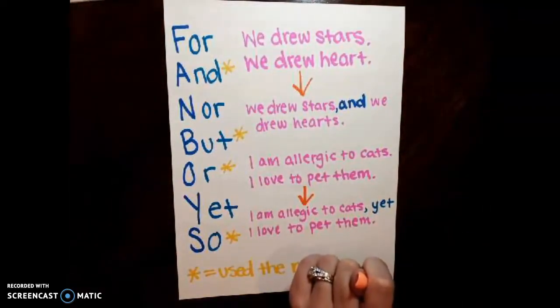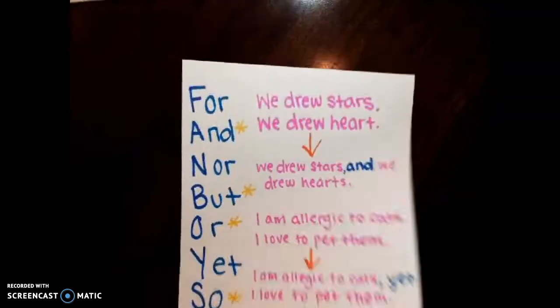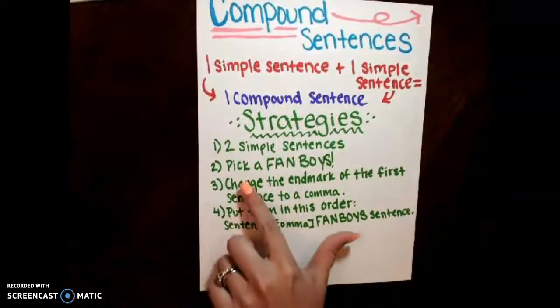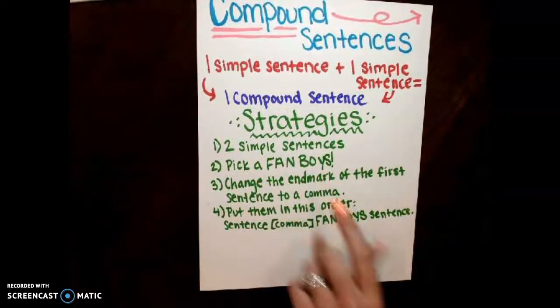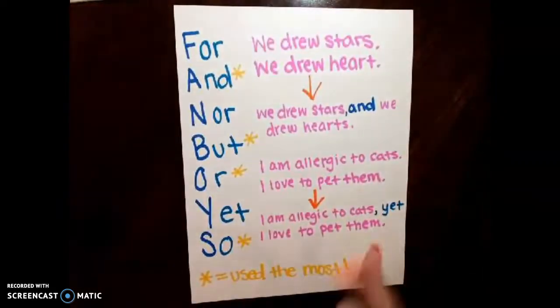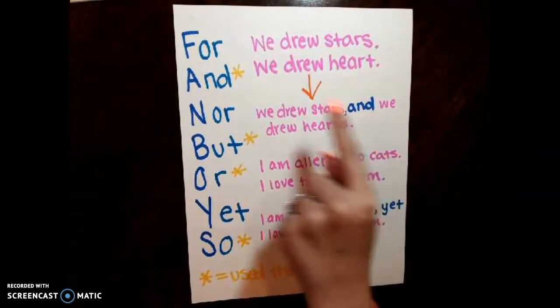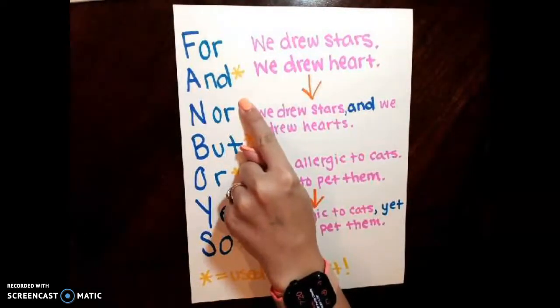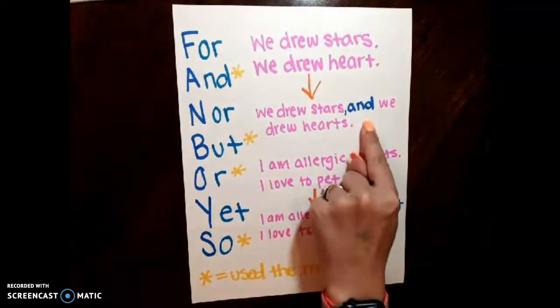All right, so now in order to change this into a compound sentence, I have to pick a Fanboys. So Ms. Herbaceous chose and, and that's one of my stars over here, it's a commonly used Fanboys. So I chose and, my second strategy used right there.